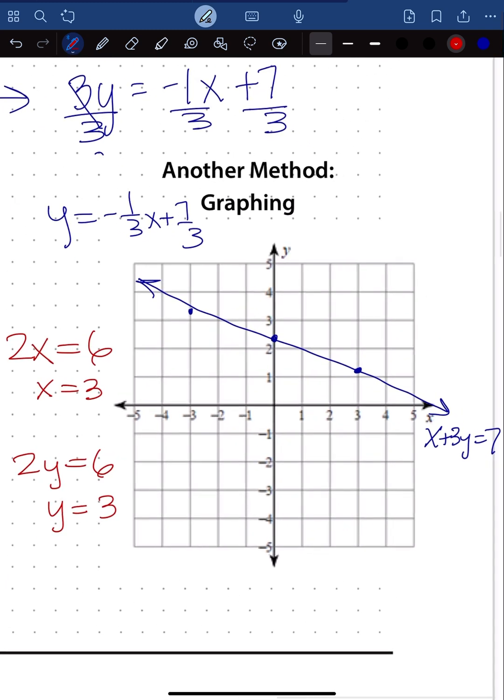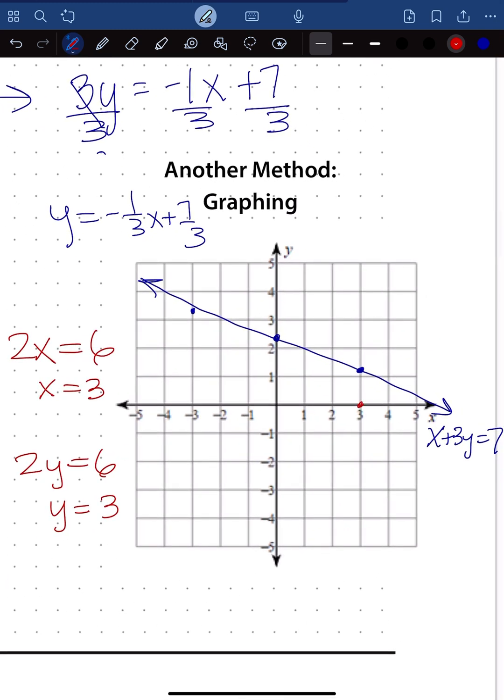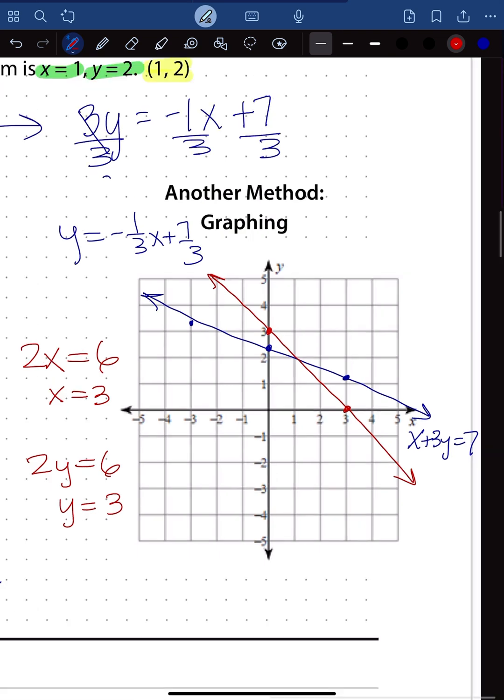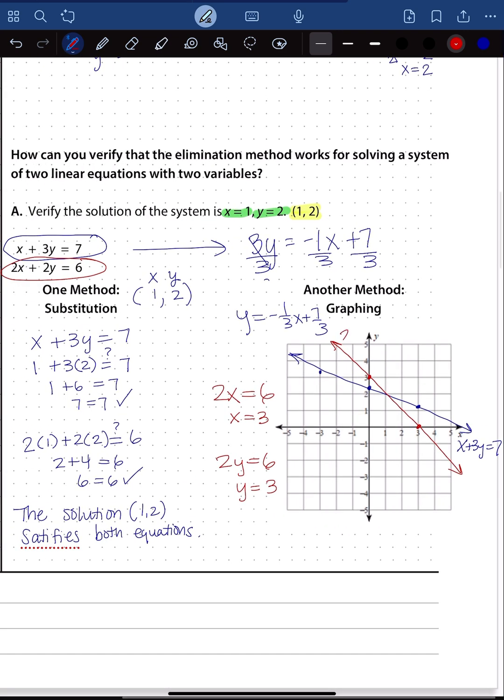So I'm going to go to the x-axis and put a point at 3, and then the y-axis, it's the same thing. If I sketch a line between these two values, my line for the equation 2x plus 2y is equal to 6 is this red line.